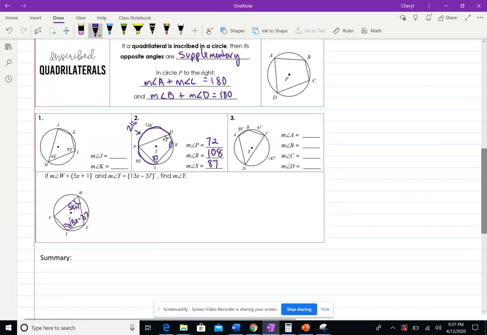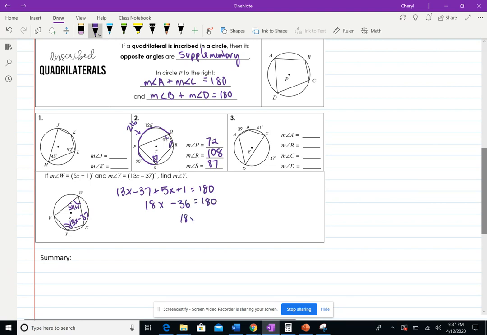Let's go ahead and add these and set them equal to 180. 13x minus 37 and 5x plus 1 are supplementary, so they're equal to 180. That's 18x minus 36 equals 180.